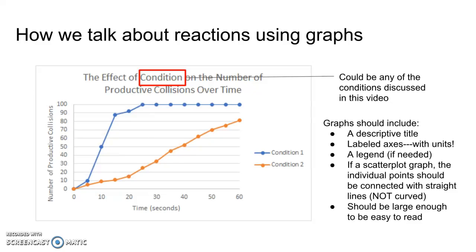Connect the points because it is helpful for visualization. Don't connect it with those curved lines. Not a good idea. And it should be large enough to be really easy to read. I should be able to quickly read it and have it easy to understand just visually looking at it.